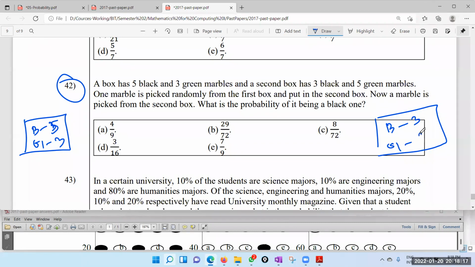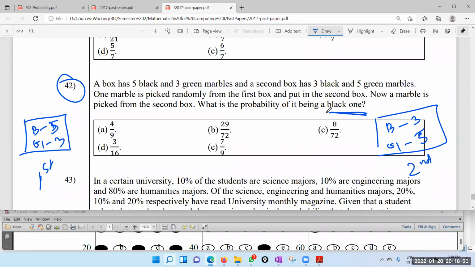Other way, right? One marble is picked randomly from the first box. So that is the first one, this is the second one. Now from the first box it is put into the second box. Now a marble is picked from the second box. What is the probability of it being black?